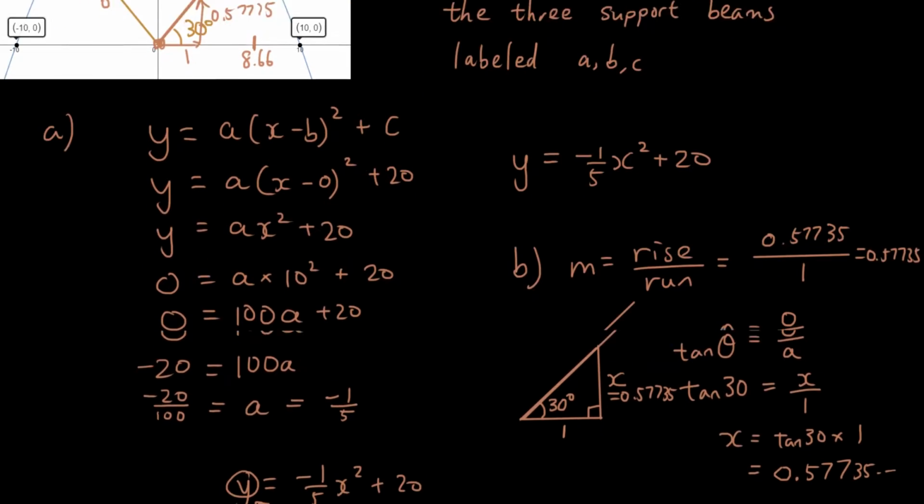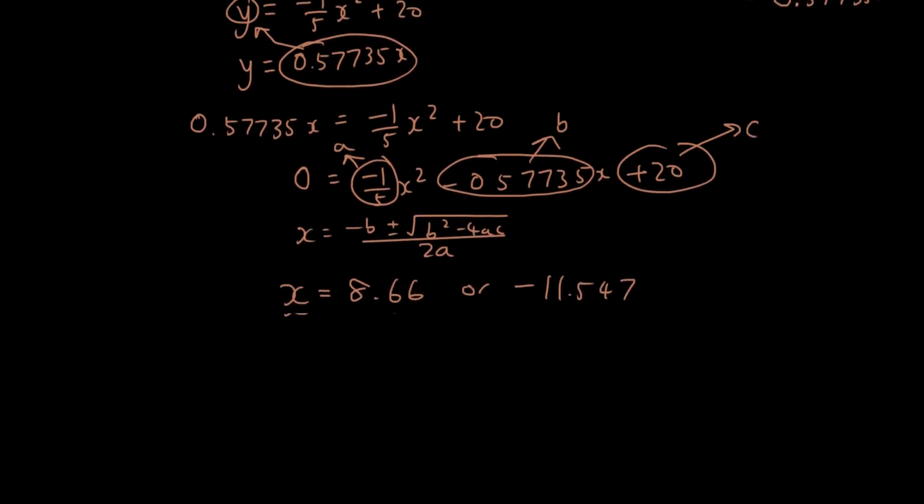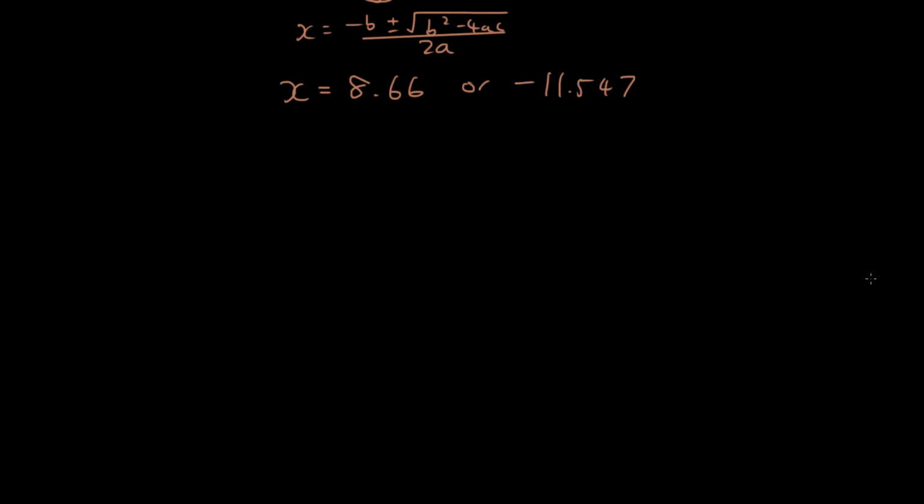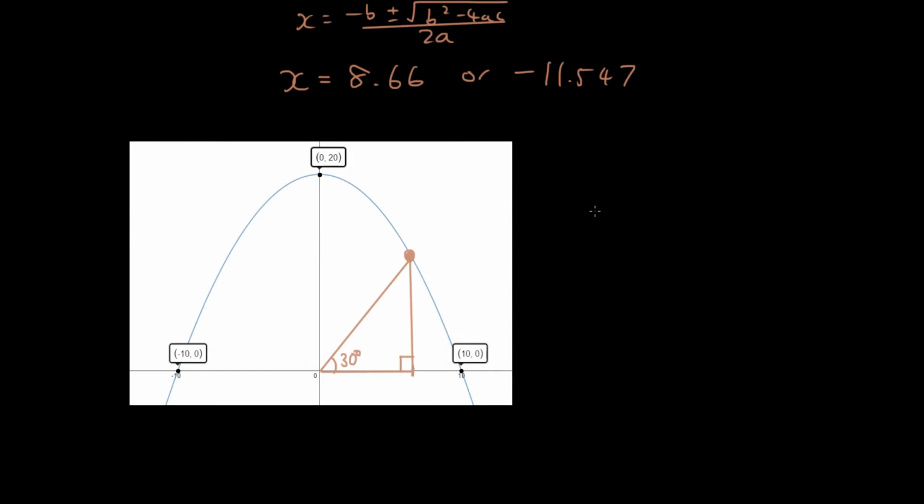So if that's the case, then you can now draw a right angle triangle where the angle at the origin is 30 degrees, and you can figure out that this point here is 8.66. So the length of this line must be 8.66.